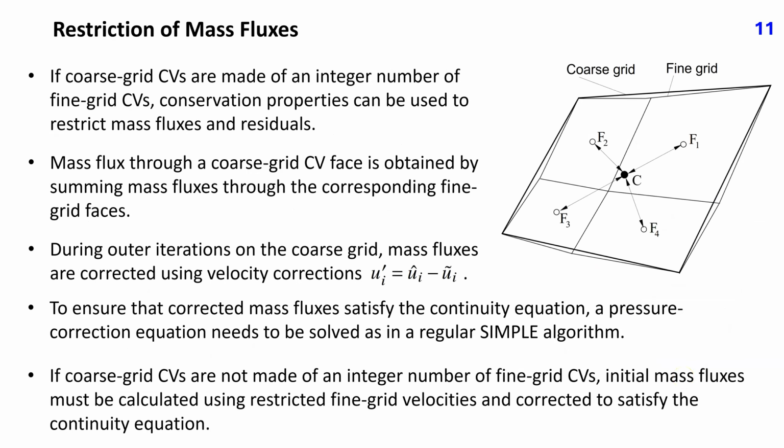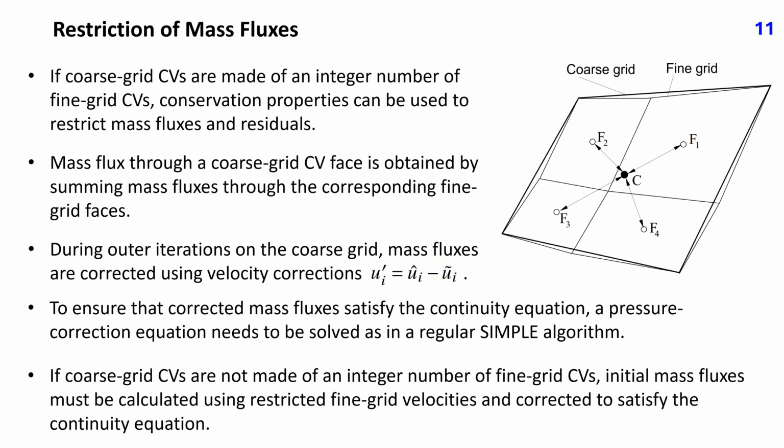If coarse grid control volumes are made of an integer number of fine grid control volumes, conservation properties can be used to restrict mass fluxes and residuals. Mass flux through a coarse grid control volume phase is obtained by summing mass fluxes through the corresponding fine grid phases. During outer iterations on the coarse grid, mass fluxes are corrected using velocity corrections, not recomputed using U hat.